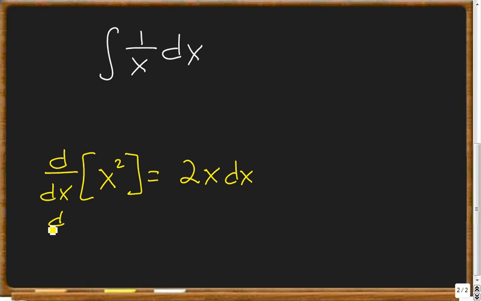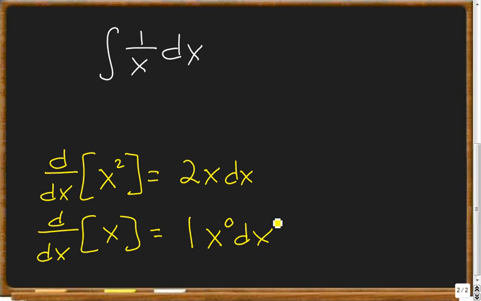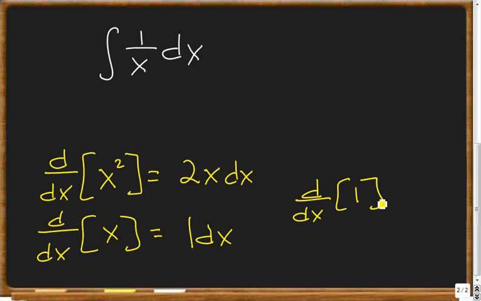And the derivative of x is 1, right? Technically, it's 1x to the 0 dx, which we don't need the x to the 0. Well, when we look at this, the derivative of 1 is just 0.